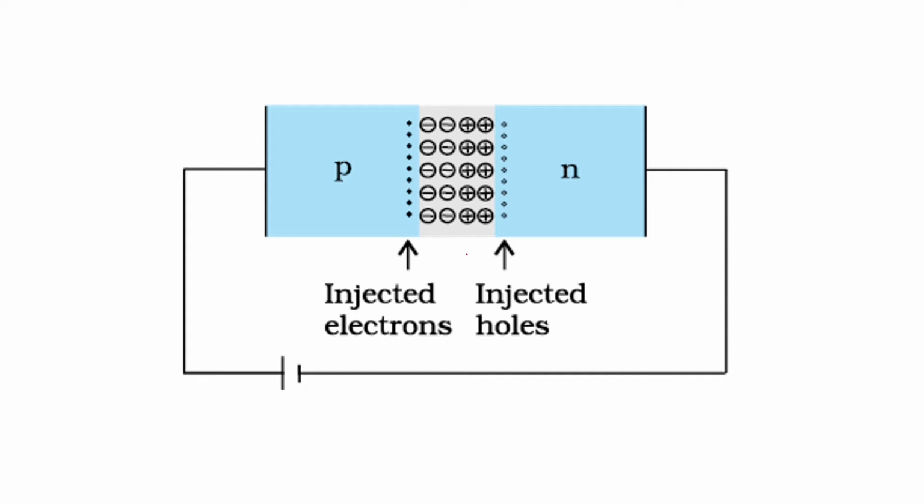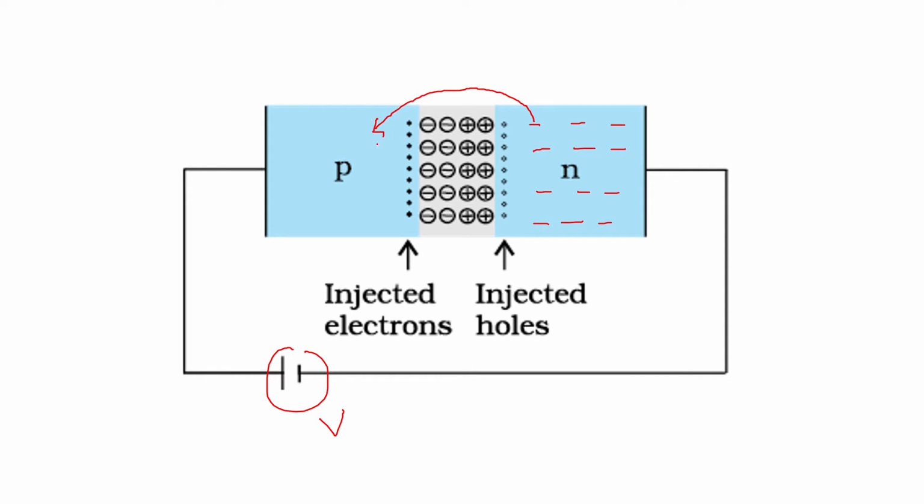Now what is meant by injected minority? Due to the applied voltage, electrons from the N side cross the depletion region and reach the P side. These electrons from the N side, which are majority charge carriers in the N side, will go to the P side.